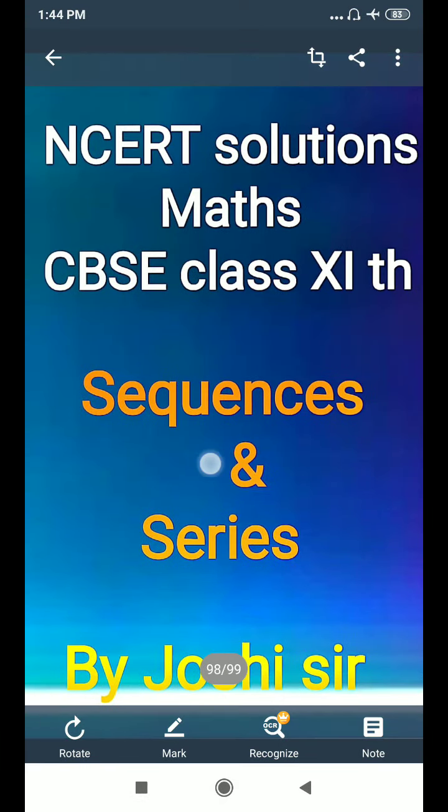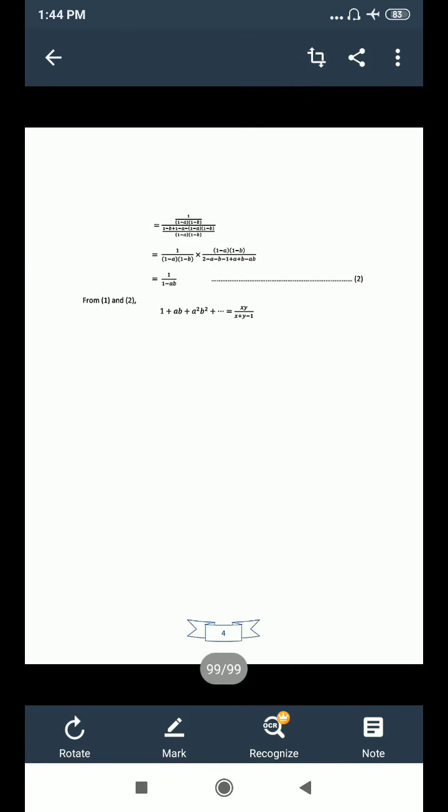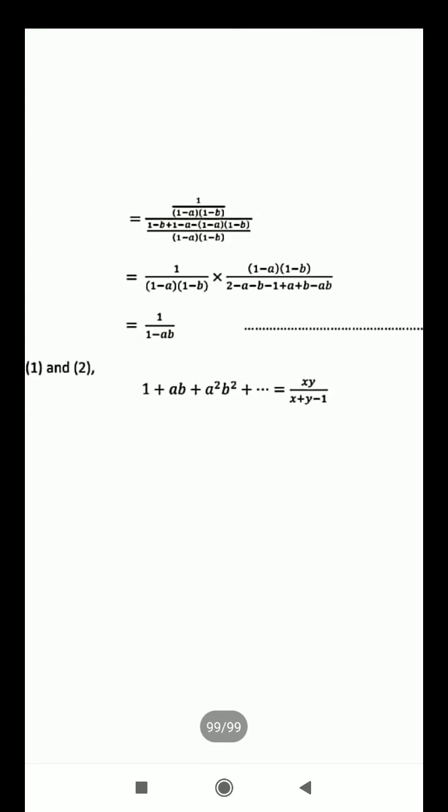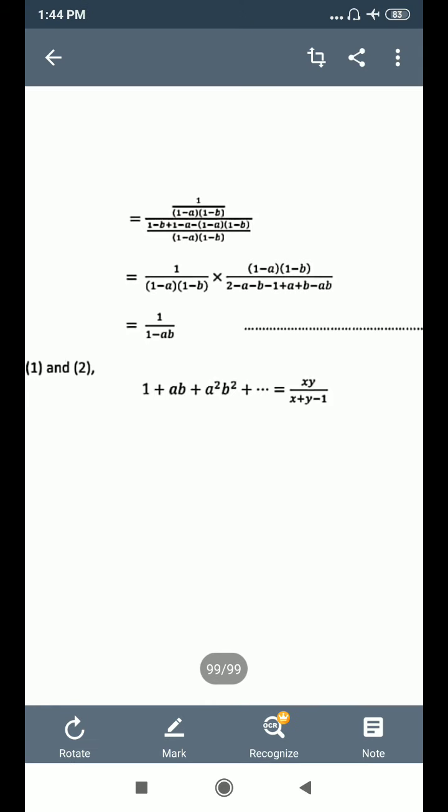Now you come to the calculation part of this. In numerator it will become 1 upon 1 minus a into 1 minus b. In denominator you can take 1 minus a into 1 minus b as LCM. So it will be 1 minus b plus 1 minus a minus this thing, and you simplify it. Your numerator, this part will be cancelled out directly with this part.